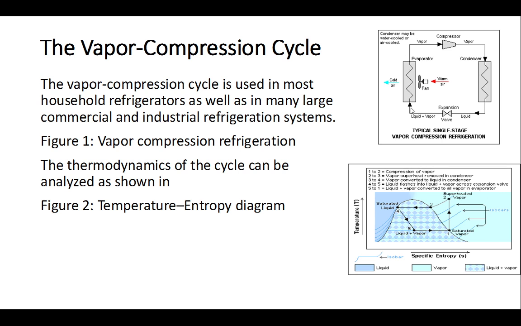and then the whole thing from a liquid vapor turns into fully vapor, and then by the time it gets back to the compressor, it gets pressurized, and then goes through the condenser, turns into a liquid, and so on.